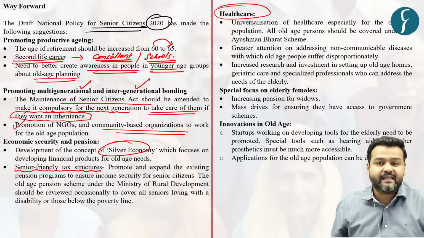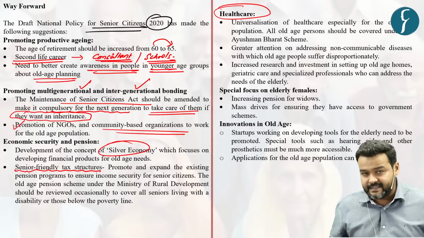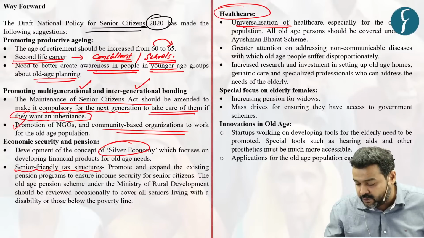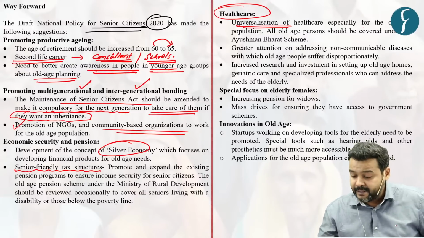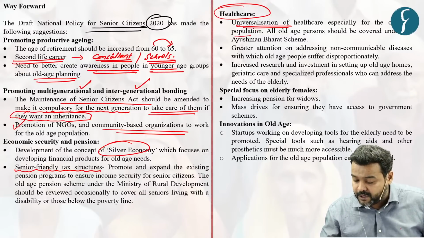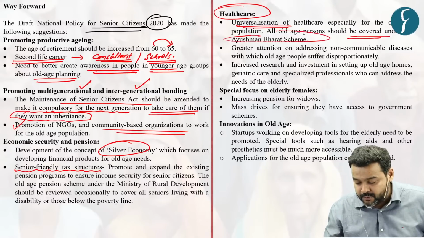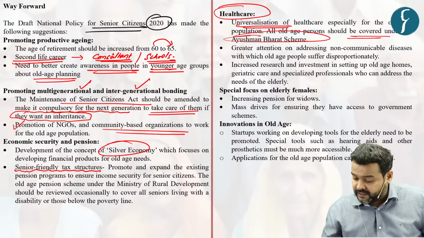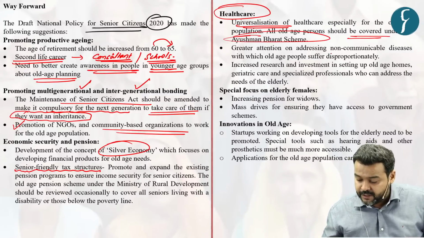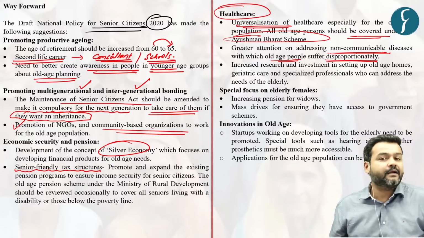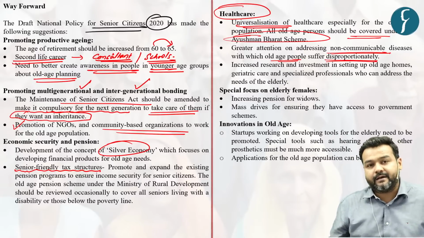Now comes healthcare, because we have seen the challenges related to healthcare. So they have asked for the universalization of healthcare, especially for the old age population, and they should be covered under the Ayushman Bharat scheme. Further, they have said that greater attention should be given to addressing non-communicable diseases from which old age people suffer disproportionately, like diabetes, like arthritis.